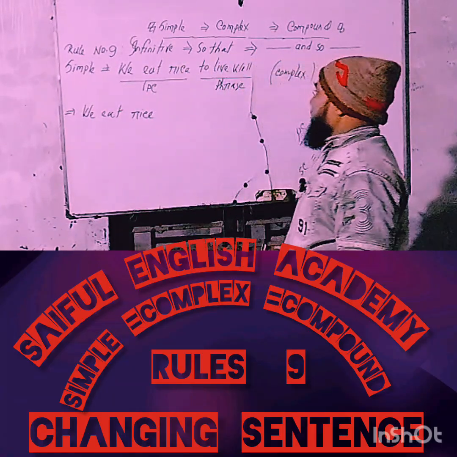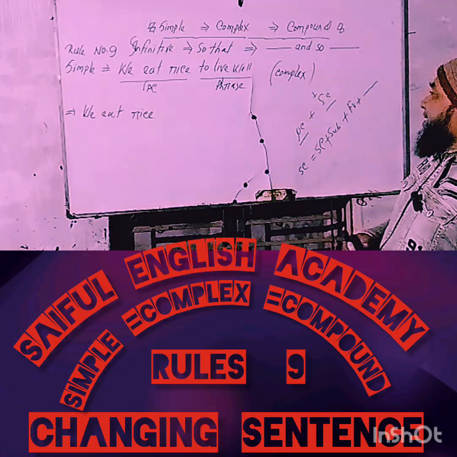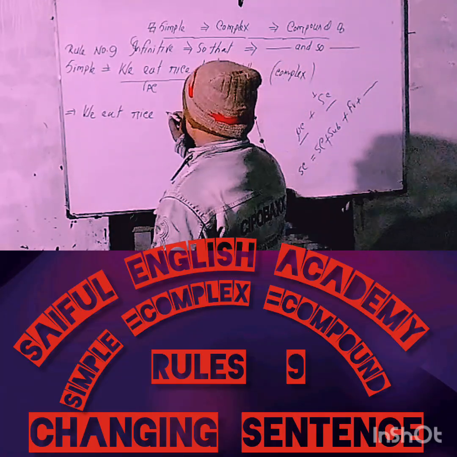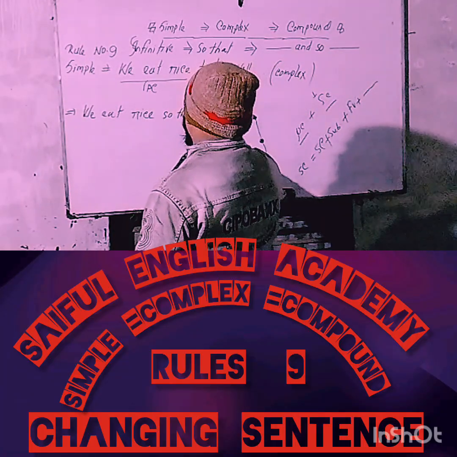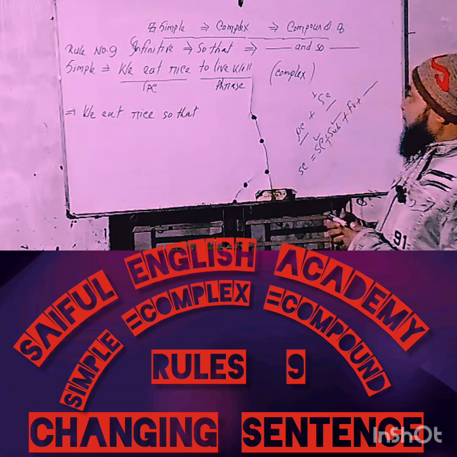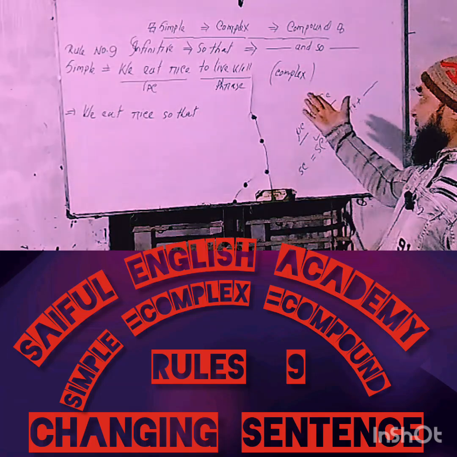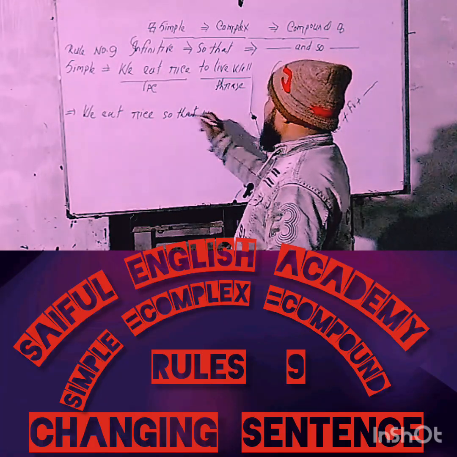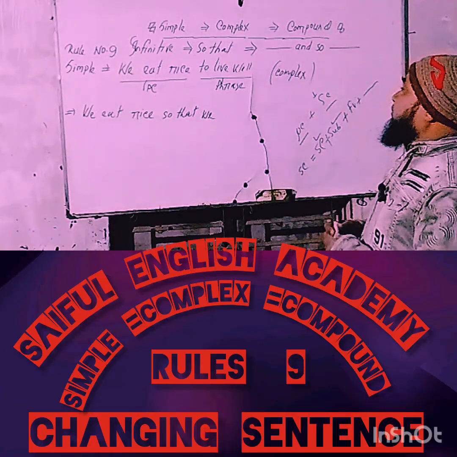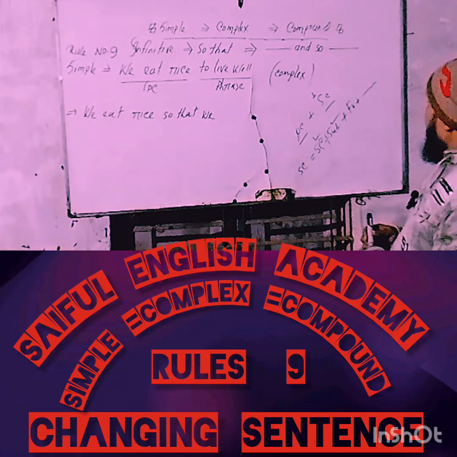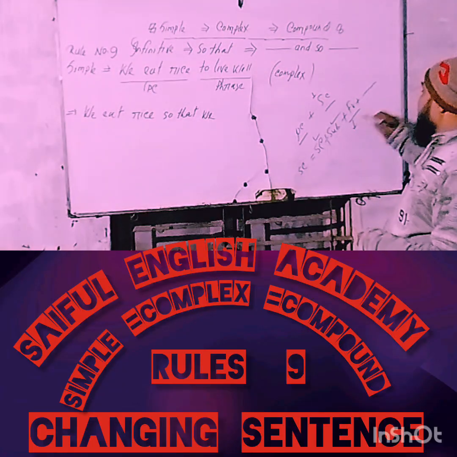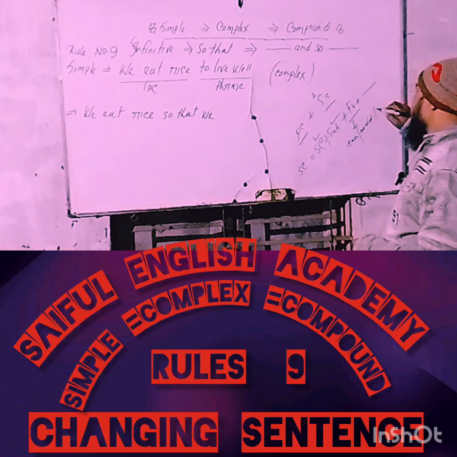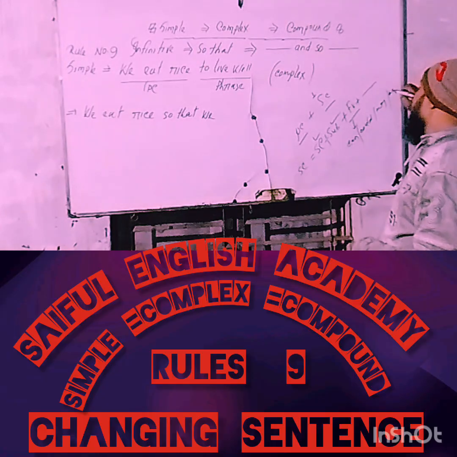Okay, my dear learners, according to the relationship among them, in this case you'll have to use so that as a subordinate clause in the middle of the statement. So that, then subject. Of course, you know that there is no subject in a phrase, so you'll have to bring the subject of the principal clause again, which is we, so write we. Then you'll have to use a modal as a finite verb: can or could, may or might.